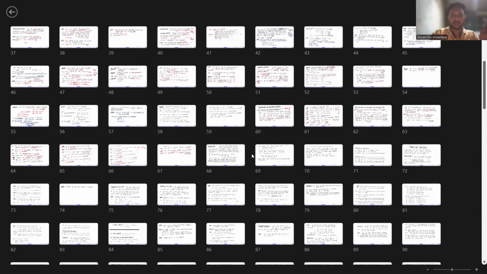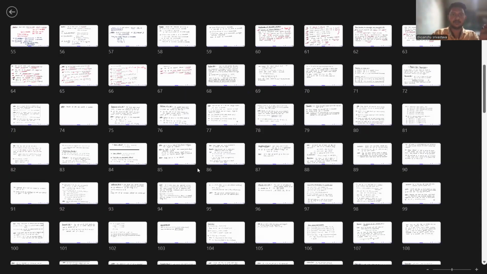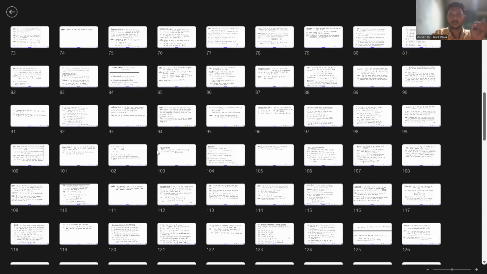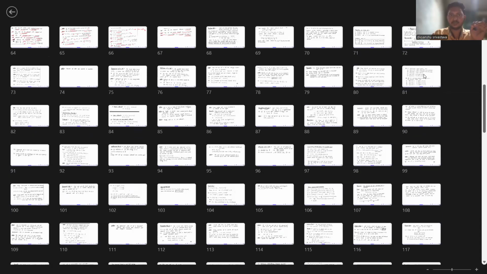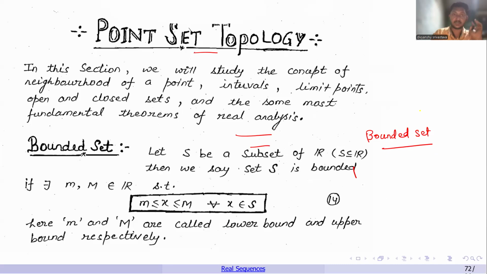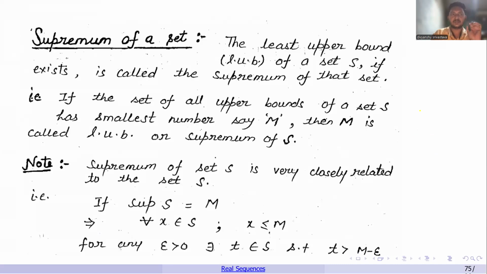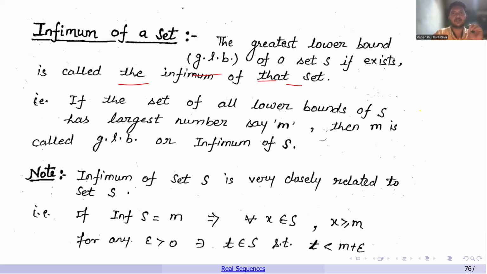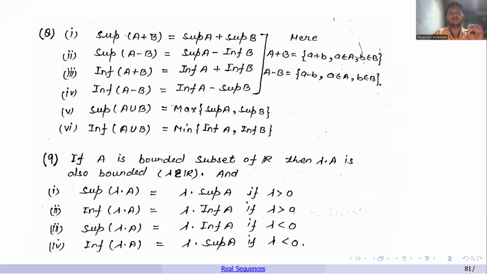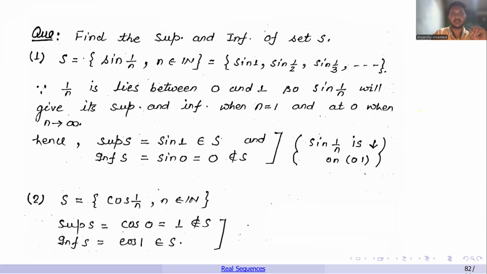And today my aim is to just complete this point set topology part. Okay. So lastly, I will show you what information I will give you. Here, point set topology is completed, and the supremum of a set and the infimum of a set are also completed. And some results are already complete.